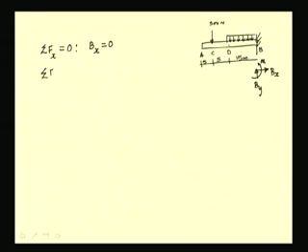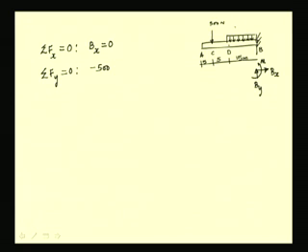Next, for the sum of the forces to be 0, the vertical components have to be 0, and from the diagram we see we have a 500 Newton force at C and a distributed load.